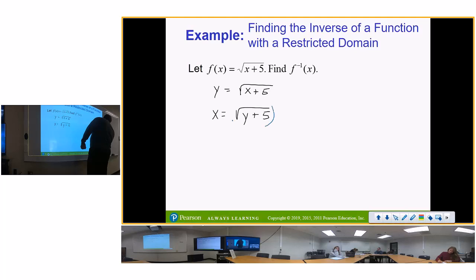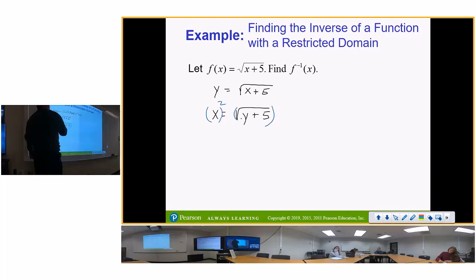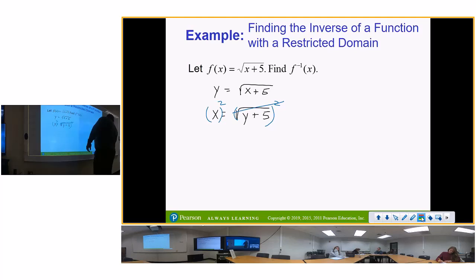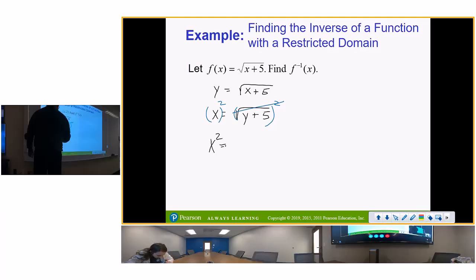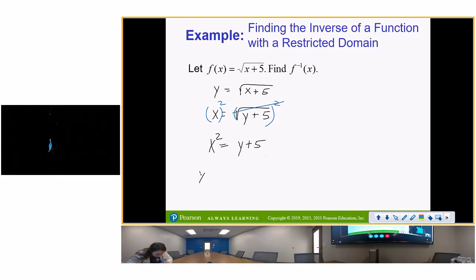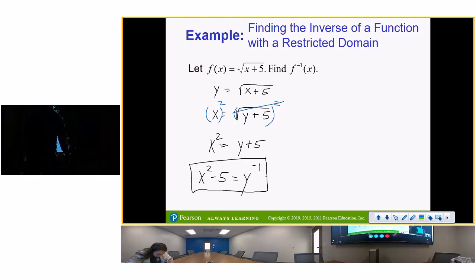I'm going to square this, and that takes out the radical. And x squared is equal to y plus 5. So x squared minus 5 is equal to what? y inverse. Now graph those two.